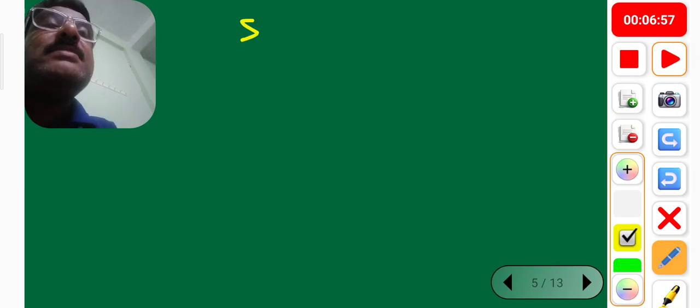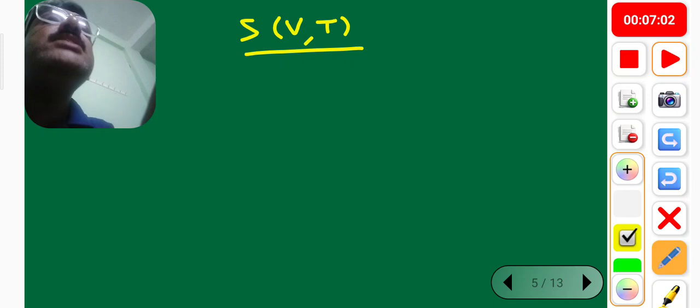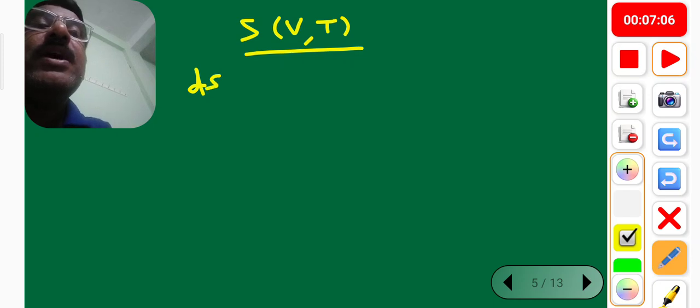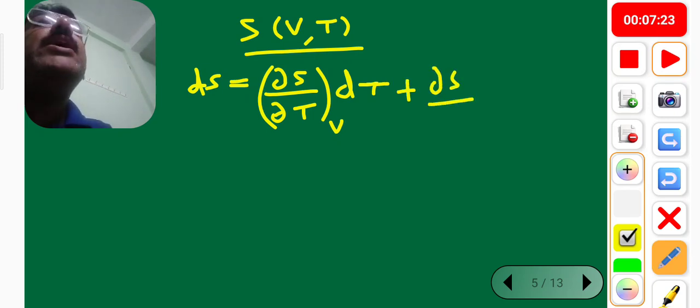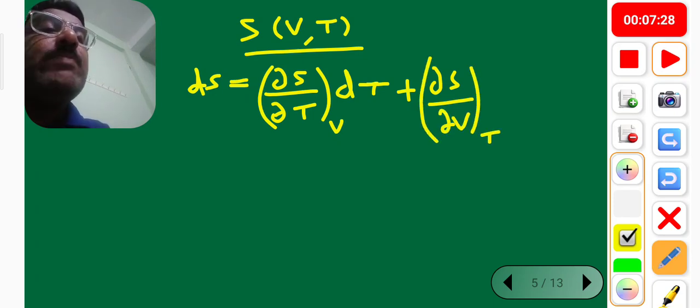You know that S is a function of volume and temperature. The entropy is a function of volume and temperature. So I can write dS as dou S by dou T at constant volume into dT, plus dou S by dou V at constant temperature into dV.